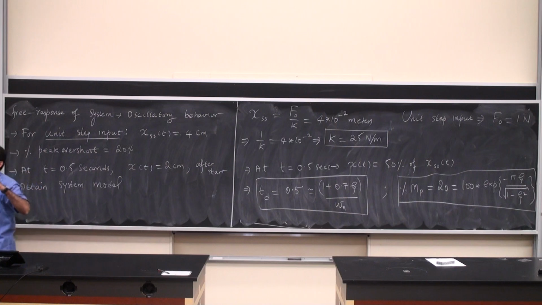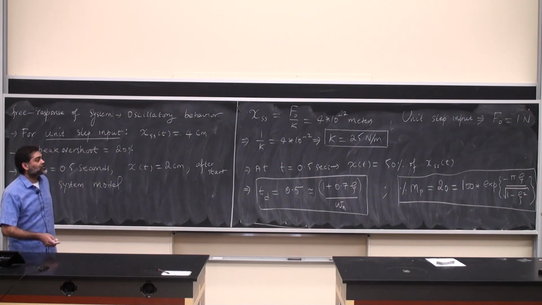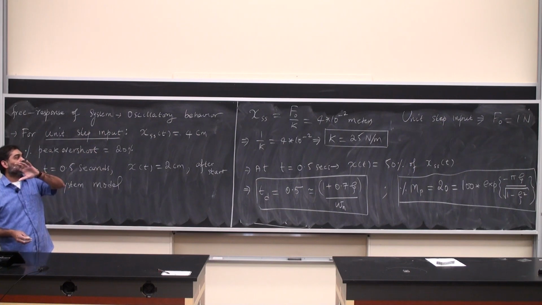Yes, question. A question about the percent overshoot equation. The reason it's exponent of pi times zeta is because the percent overshoot is looking at the time after pi, like half a cycle? No, the pi doesn't come from there. The pi comes from the fact that the peak time is pi divided by omega d.